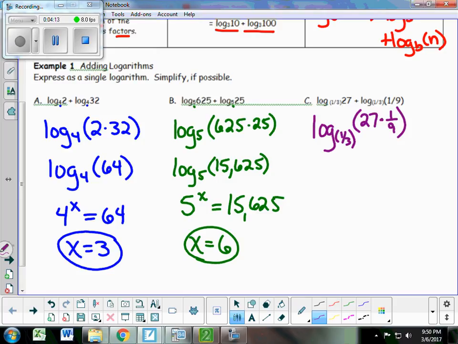Let's multiply 27 times 1/9, so that's going to be log base 1/3 of 3. What this now means is a base of 1/3, being raised to the power of x, must be equal to this 3.